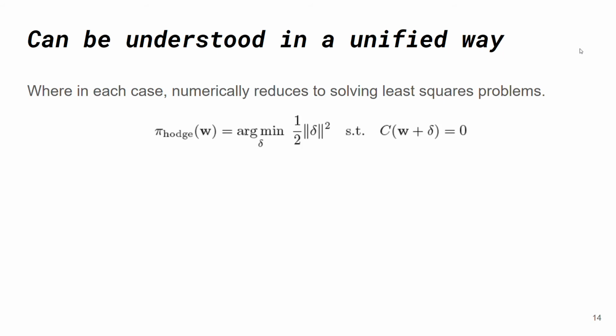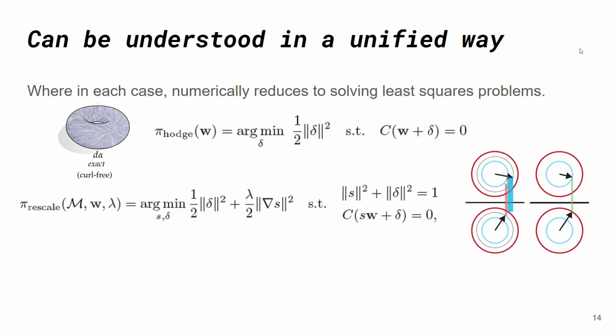So just to recall from the previous slides, this was our formulation of a Hodge decomposition, where you just had to solve a least squares problem in order to project to the closest integrable field. On the other hand, suppose that you want to consider the problem that we considered on the previous slide, where you want to find the field which is closest to all possible rescalings of your input field.